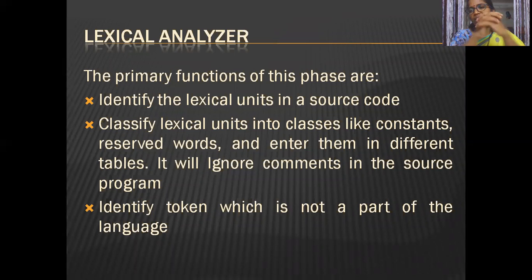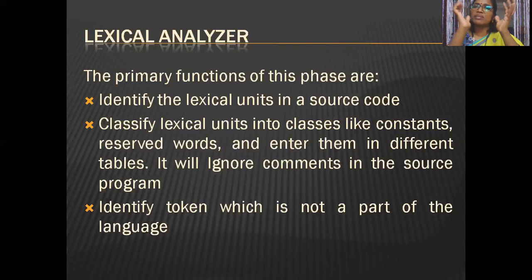So first is the lexical analyzer. The lexical analyzer divides your instructions into lexemes, which we'll name as tokens. So each instruction is divided into tokens. They are divided into different parts.